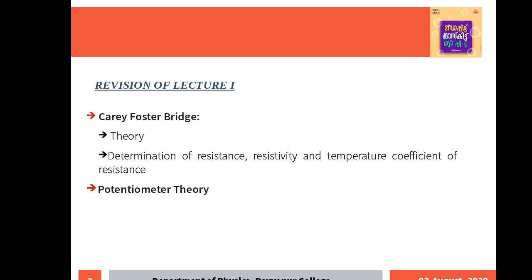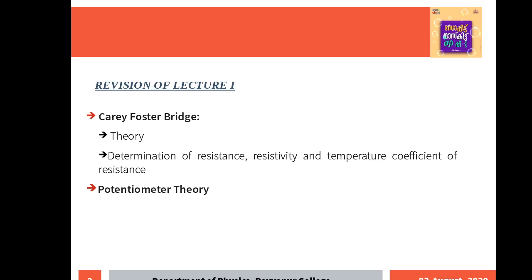We don't have that low resistance standard box. So we have to think of another alternative method to measure low resistance values. In order to find the unknown low resistance value, we found that the modified Wheatstone's bridge, that is Carry-Foster bridge, is a better instrument to measure it accurately.